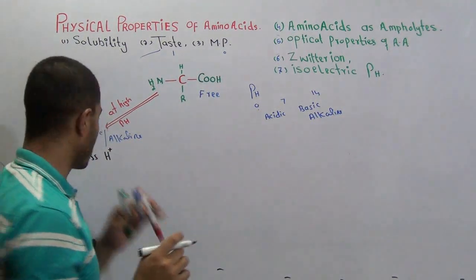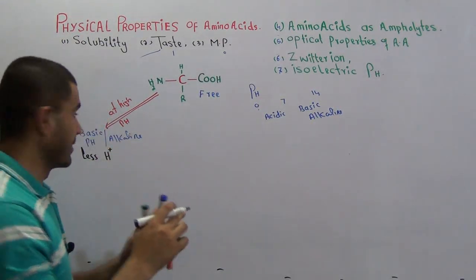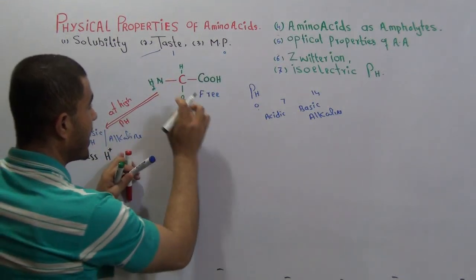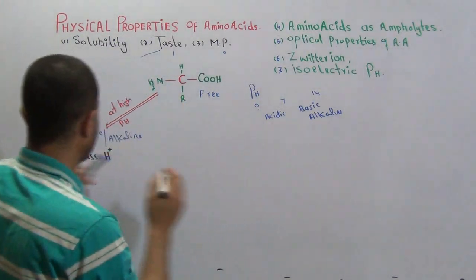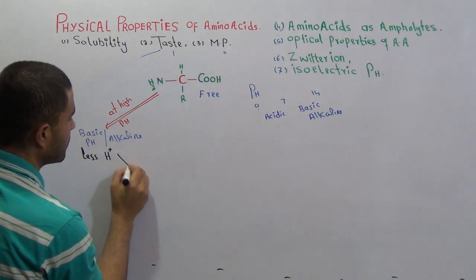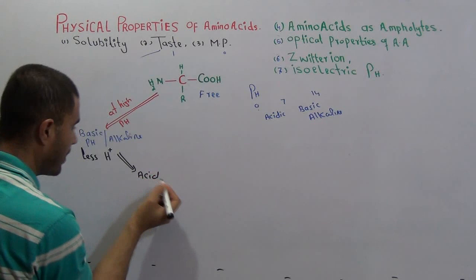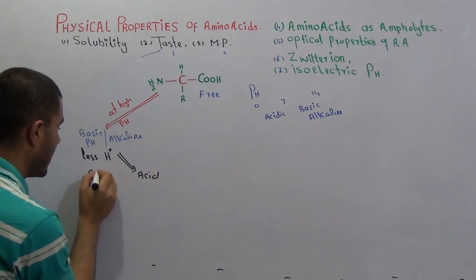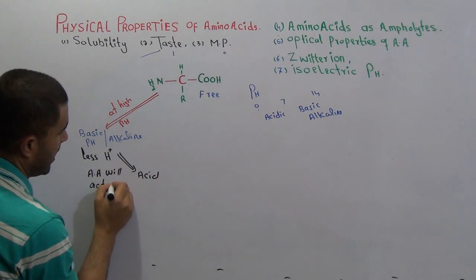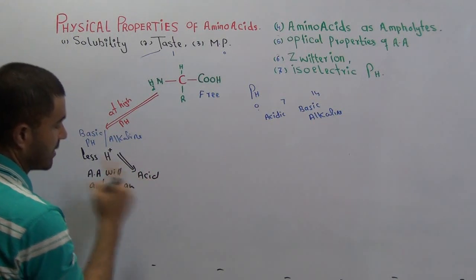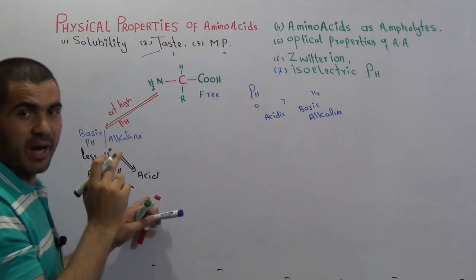When protons are fewer, meaning the condition is alkaline, the condition is basic, that amino acid will act as an acid. I will also write: amino acid will act as an acid when the pH is high.